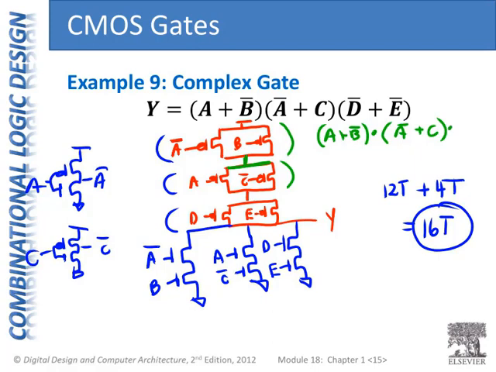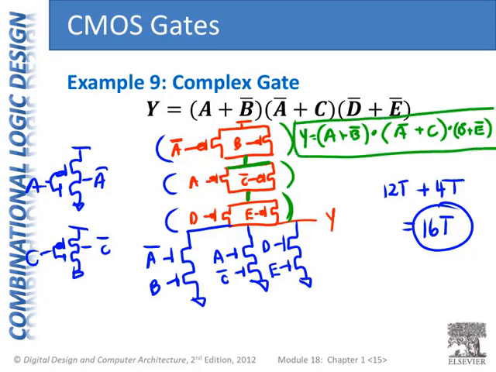And the next group is also, so this and is from that series relationship. And the next group is in parallel, we would get D bar or E bar. So now we can read our equation directly from the transistors themselves.